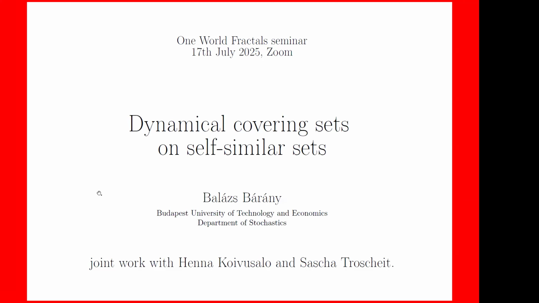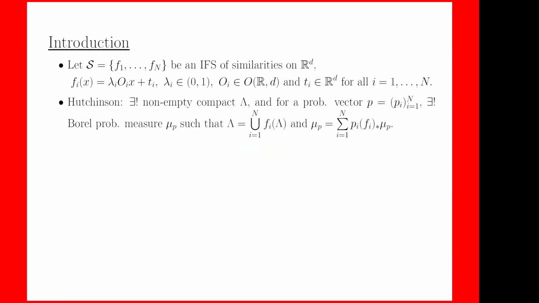So I would like to talk about the dynamical covering sets of self-similar sets. So what is the main setup for us? Just like before, we have an iterated function system of similarities in R^d, and I will denote by lambda_i the contracting ratios for these maps.